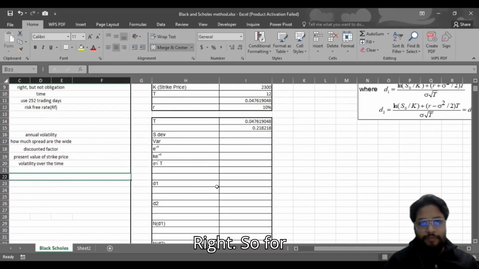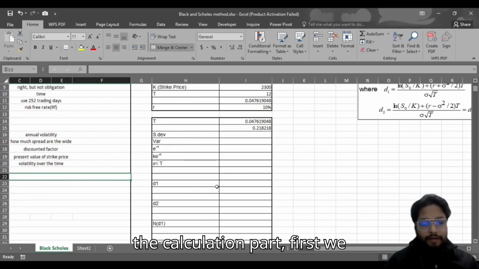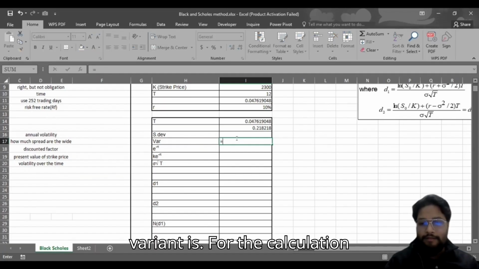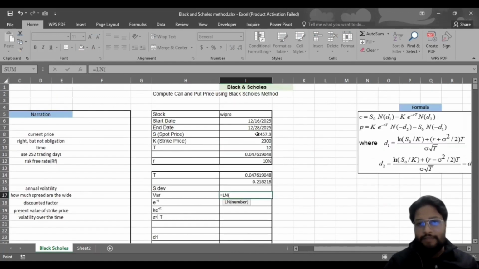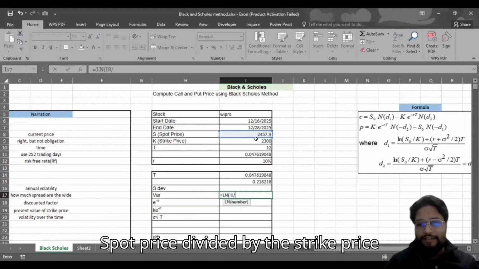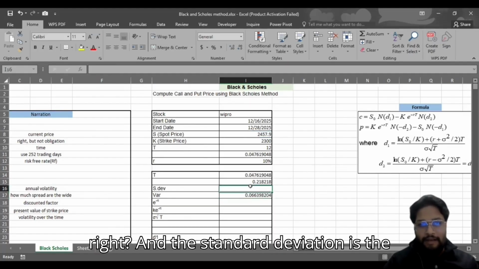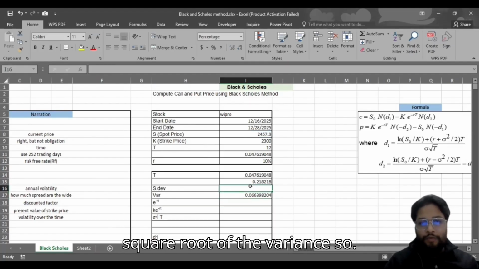For the calculation part, first we calculate the variance. For the variance, we use the formula LN, spot price divided by the strike price. And standard deviation is the square root of the variance.